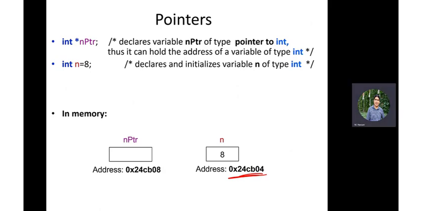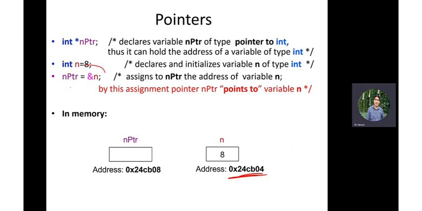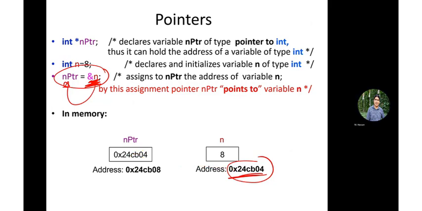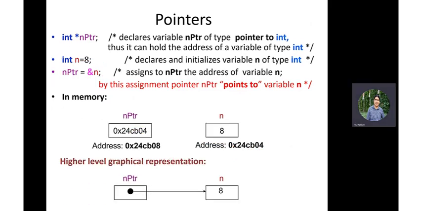If I define n pointer to point to that by assigning the address of n, now we know that this is the address of n, by assigning it to that pointer, what we really do is we create a link, right? So what we say is I want n pointer to hold the address of n. What is the address of n? It's this value, right? So I want to store this in the n pointer variable. So what you really do is you create that link, which in a sense seems like a link between that pointer and that variable.